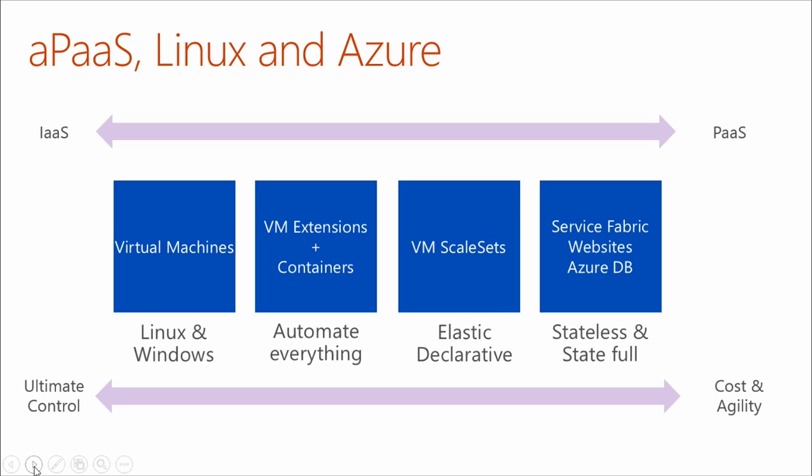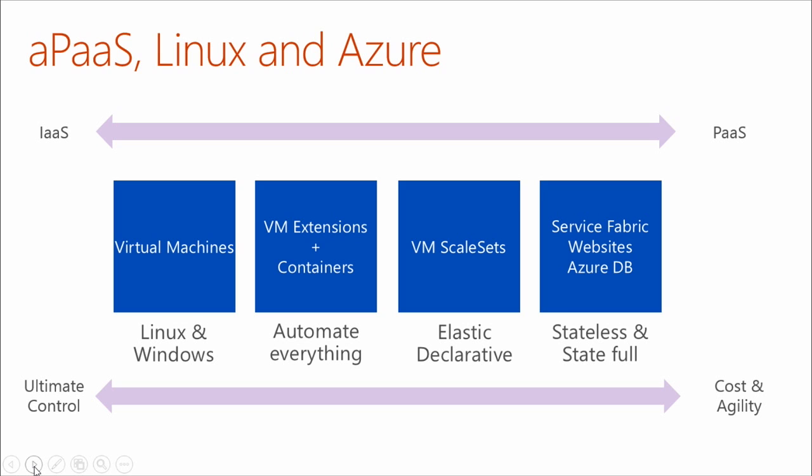And then on the other end is platform as a service, where you relinquish control at the trade-off of gaining agility, tremendous agility in some cases, and lowering costs, right? So it's a balance. There is no one spectrum that is right for everyone. Every application and service and IT environment determines what's best for them, depending on whether it's a new application, an existing application, and so on and so forth.